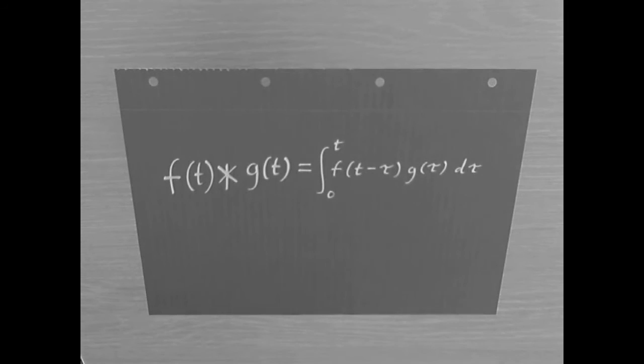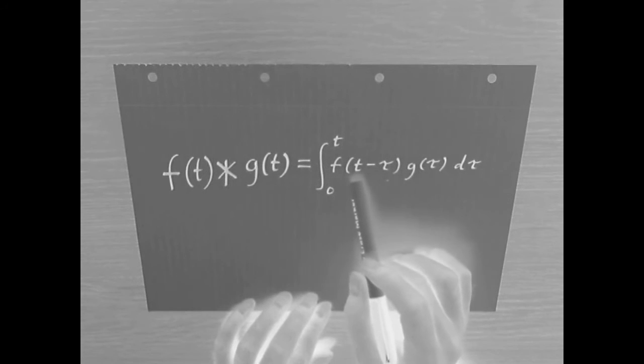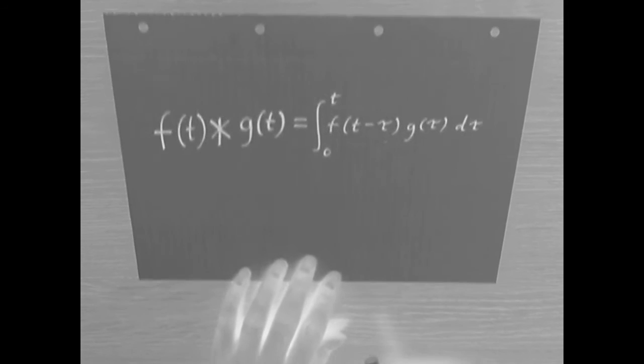So now for the crunch part of the video, which is to try and give you a more graphical intuition of what is going on inside the convolution integral. Let's graphically describe our sliding window function, f of t minus tau.